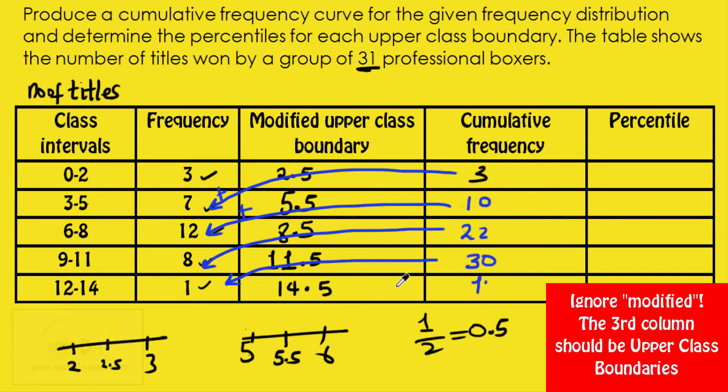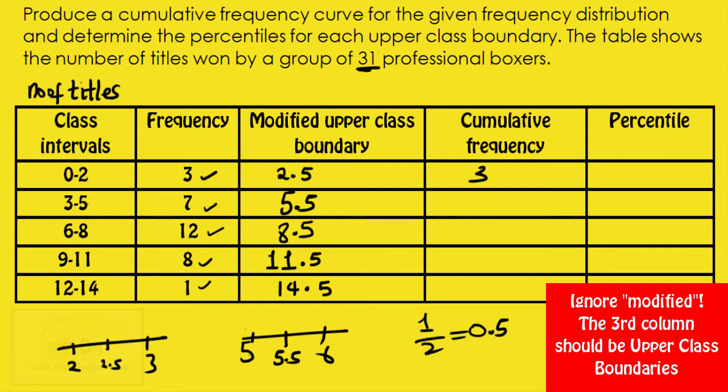So I'll just remove the arrows and write it out without crossing our upper class boundaries. 10, 22, 30, and 31. This is 30, by the way. Let's do it neatly. 30, 31.